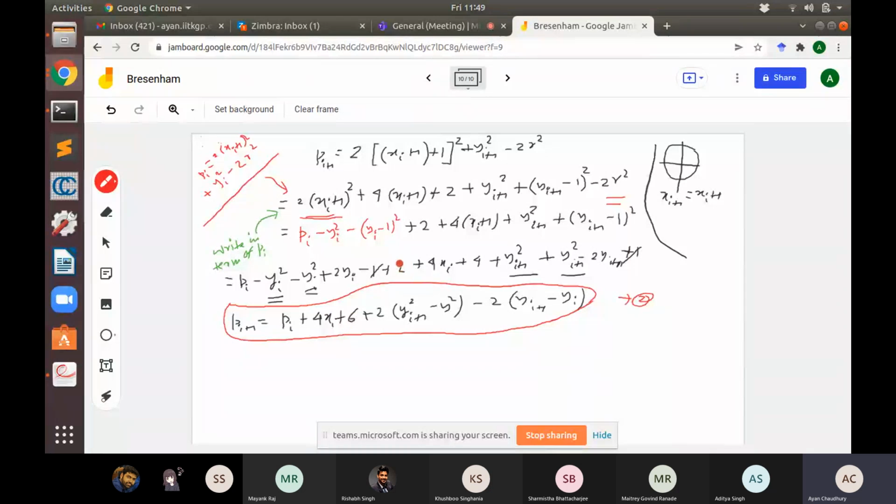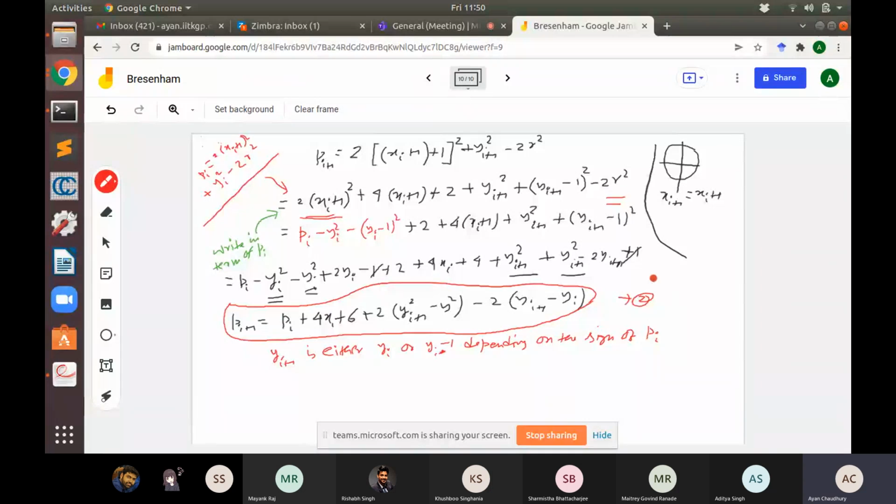So this is just a simple algebraic equation, right? So that means yi plus 1 is either yi or yi minus 1, depending on the sign of pi. Okay, right? Any question here?